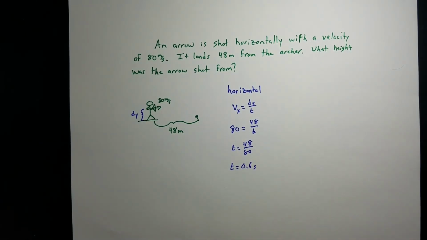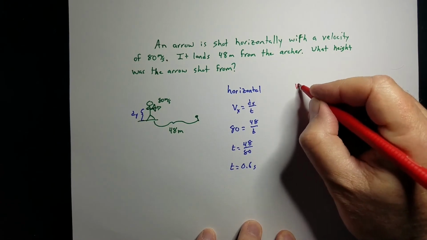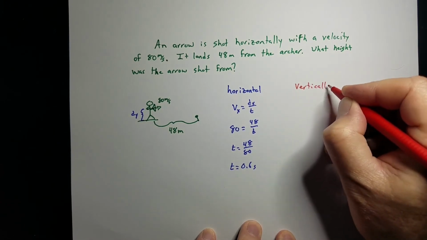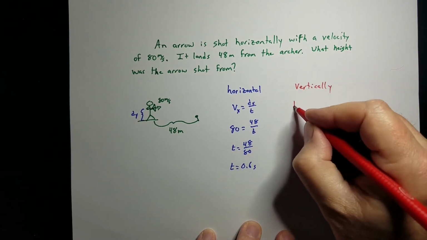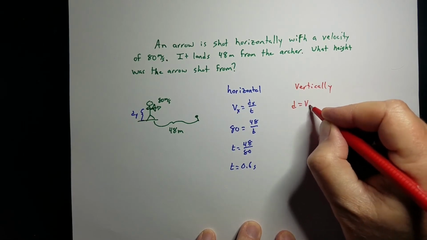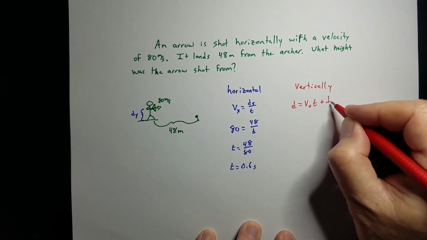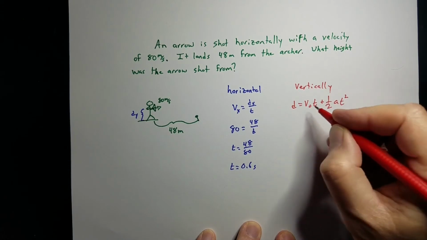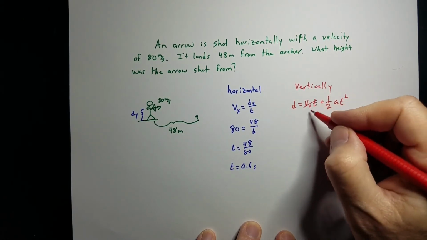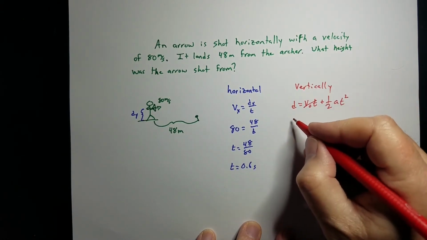So we need to figure out what height it would fall from for it to take 0.6 seconds to hit the ground. So vertically, again, we're going to use this equation, but we know there's no velocity in the vertical at the very beginning.